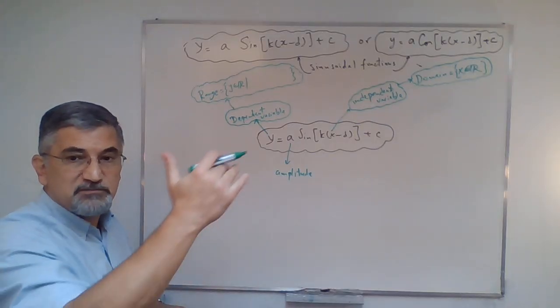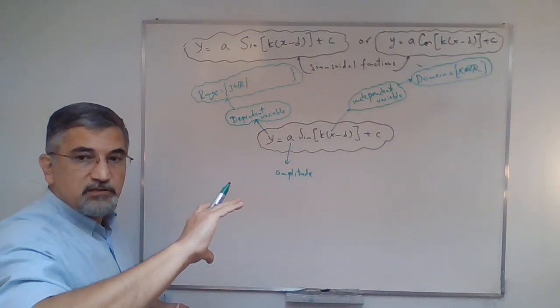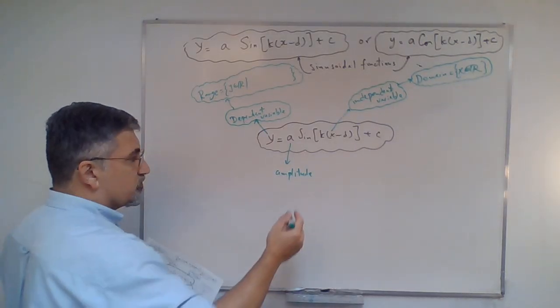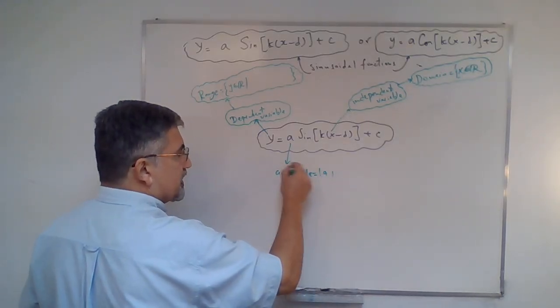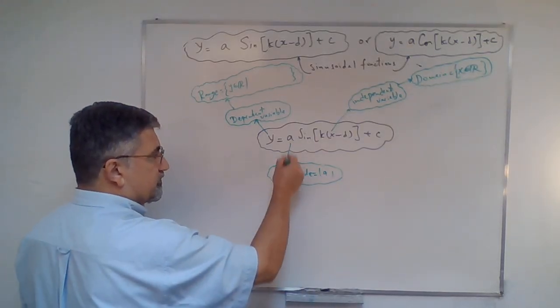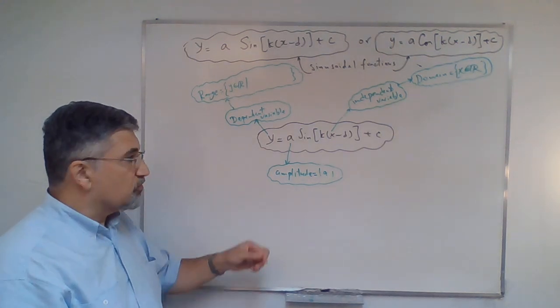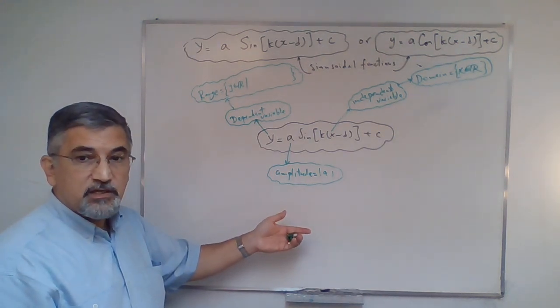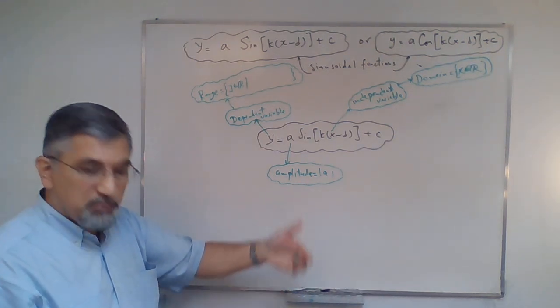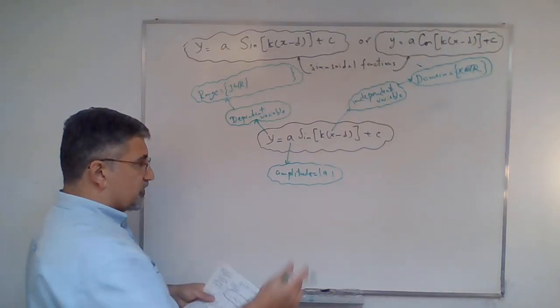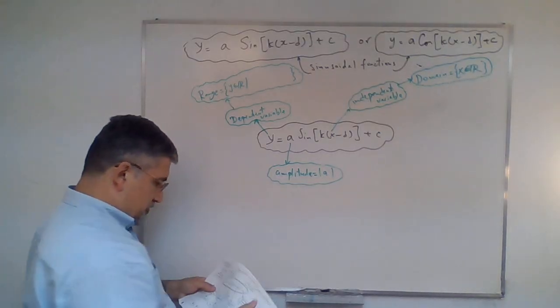It's a distance between the maximum point or the minimum point and the axis of the curve. So that's why we should say it is absolute value of A. So whatever A is, blindly, just don't say the amplitude is -3. It is absolute value of -3, which is +3. So that's for the amplitude.